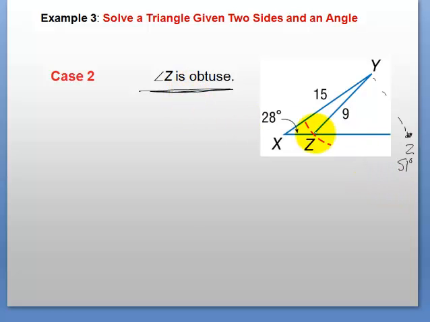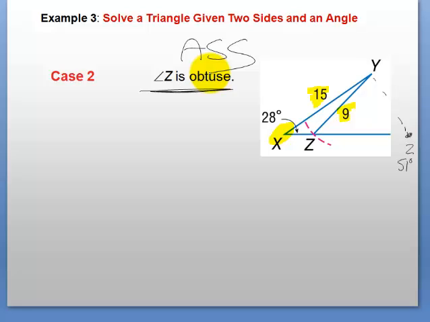And the second one, as you can see from the visual, it's an obtuse angle, so it has to be greater than 90 degrees. Now, what you need to recognize are the things that have not changed. That 28 degrees has not changed because the question has not changed. The opposite length has not changed. It's just in a different position. And that 15 has not changed. So we're still given the ASS situation.